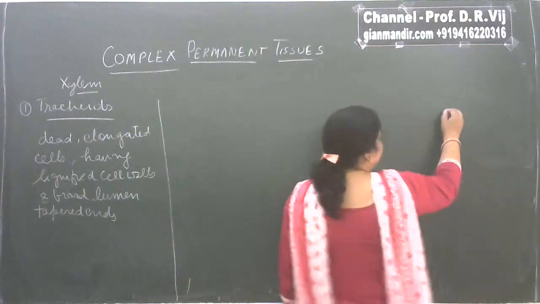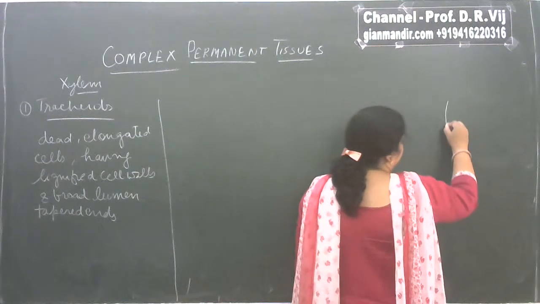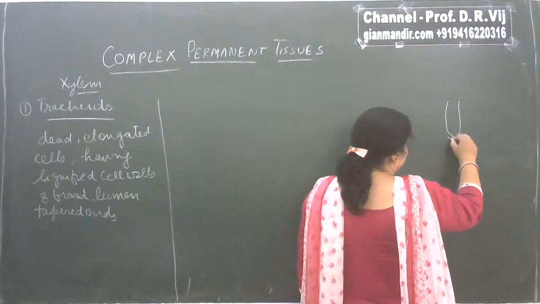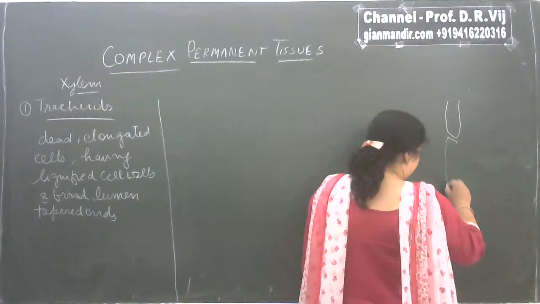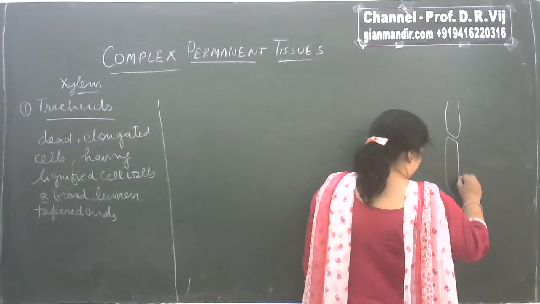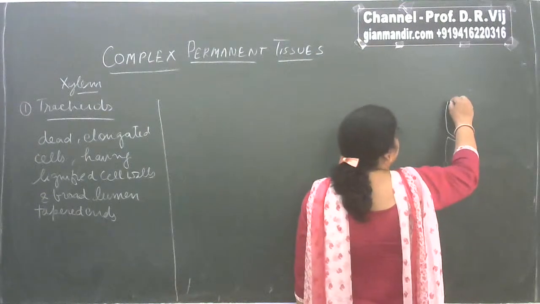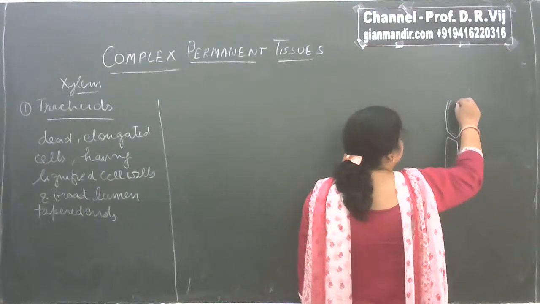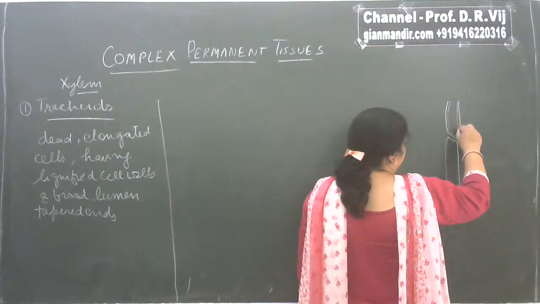As I told you, tracheids are long cells having tapered ends. Tapered means flattened ends. And the cell walls are thick due to deposition of lignin.